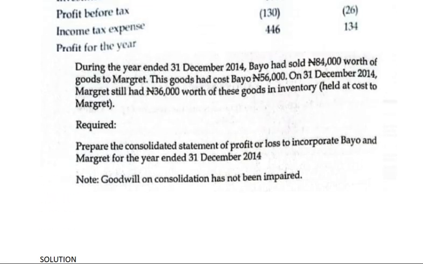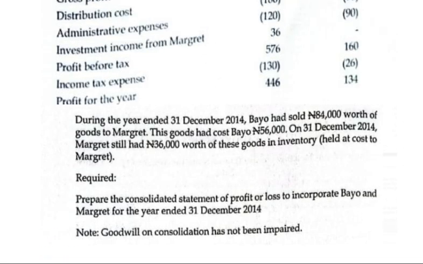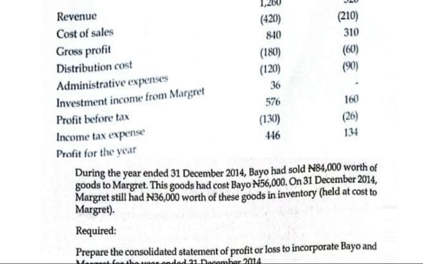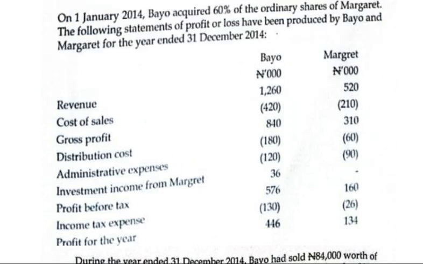So how do you open the skeleton? Now let's go back to the question. We were told that we should prepare the consolidated statement of profit or loss of Bayo and Margaret. So now we open the skeleton.